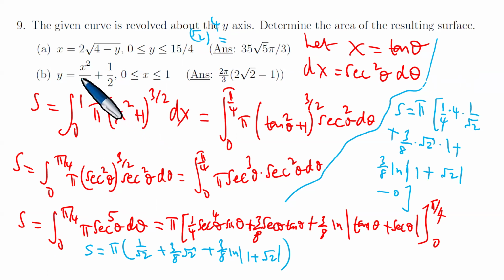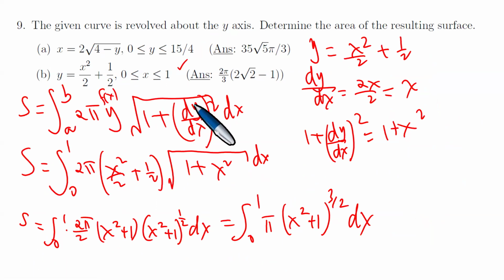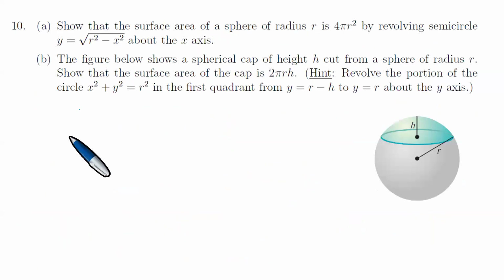The other way is to make x the subject and then do the dx dy formula. Use the other formula, because we use the dy dx and then we got that answer. And then we can also use dx dy to get the answer and begin to compare the two answers there. Okay, and as far as I can think this is fine. Okay, let's move to number 10 to avoid wasting time.